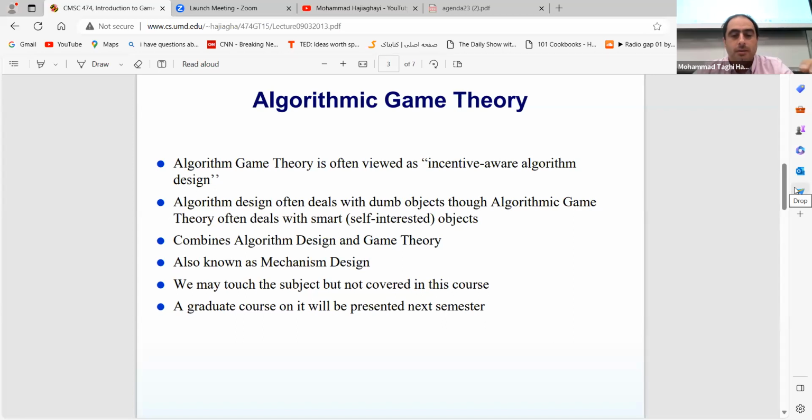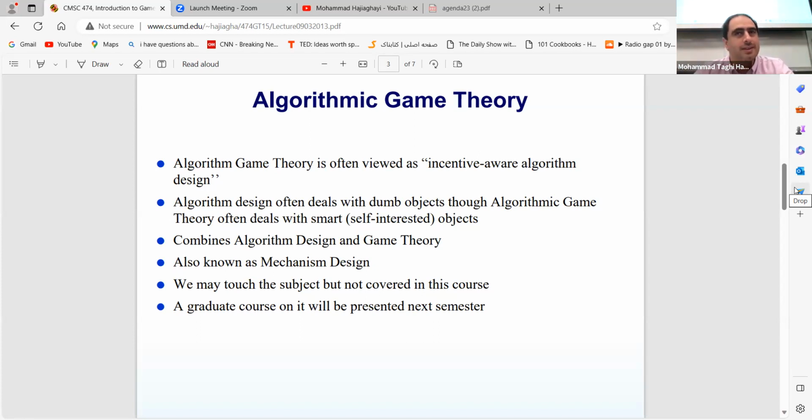However, when we talk about algorithmic game theory, we are not talking about this kind of dumb object that doesn't understand anything, like numbers, or two records. These are just objects in some sense. We are talking about self-interested objects, smart objects, selfish objects.